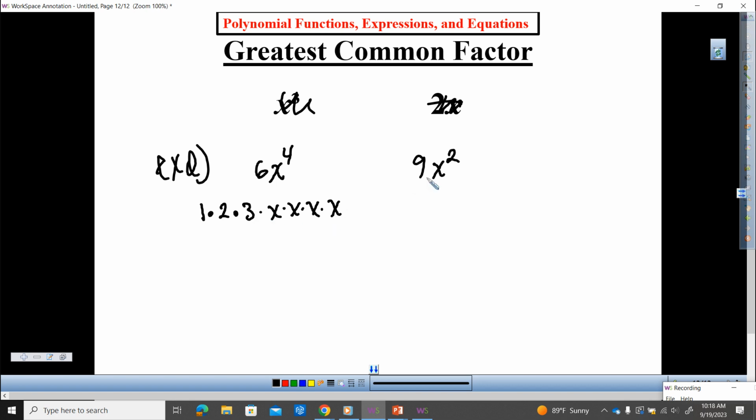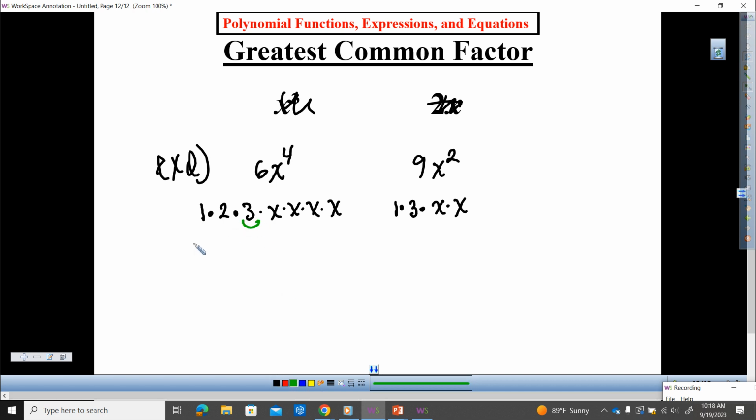Let's go to the next one. 9 can be divided by 1, yes? How about by 3? All right. So, x squared, x times x. So, what do we have in common?